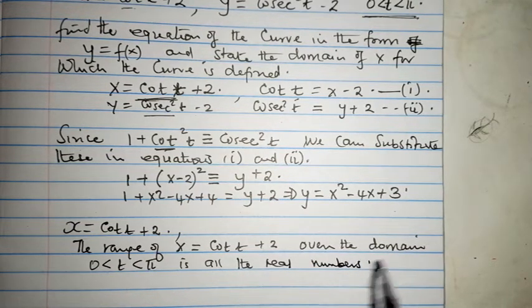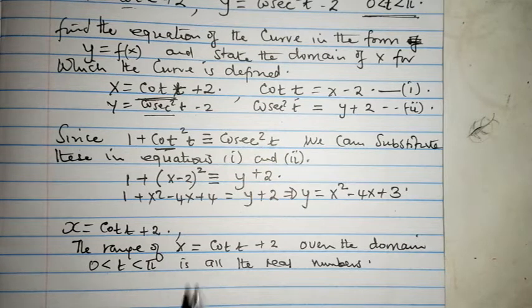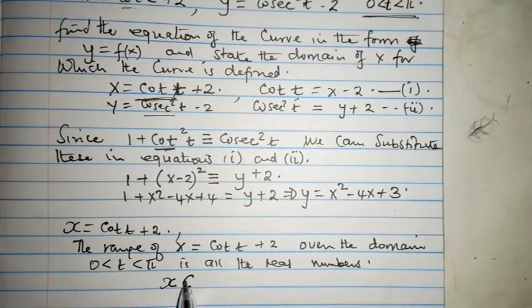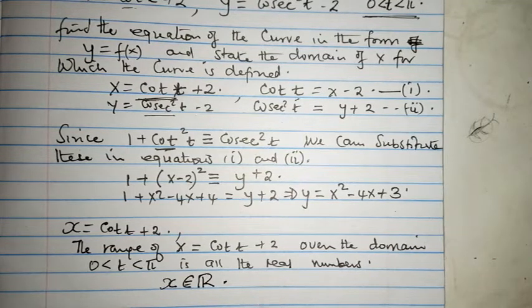Because if you substitute t starting slightly greater than 0 all the way to pi, each time adding 2, you will have numerous real numbers. So therefore, x is a member of the real numbers.